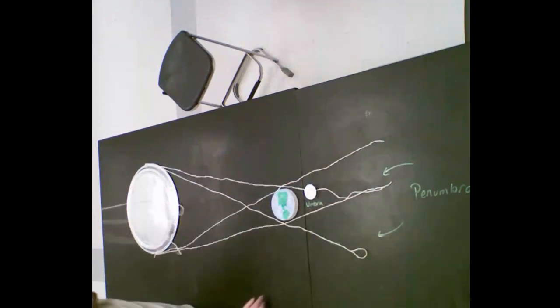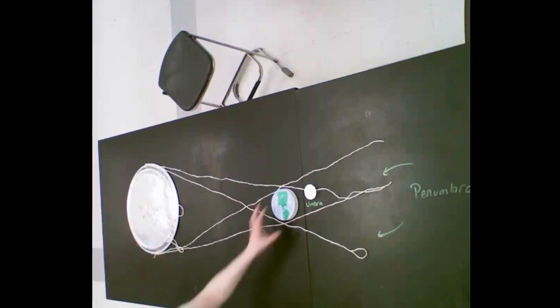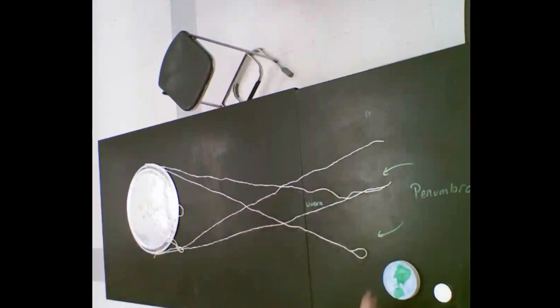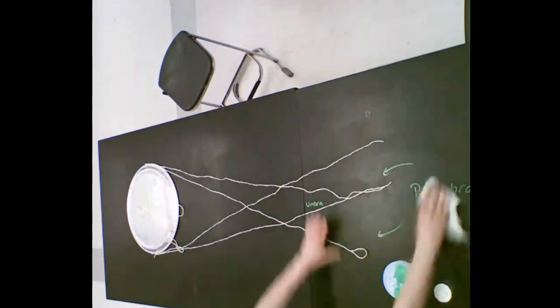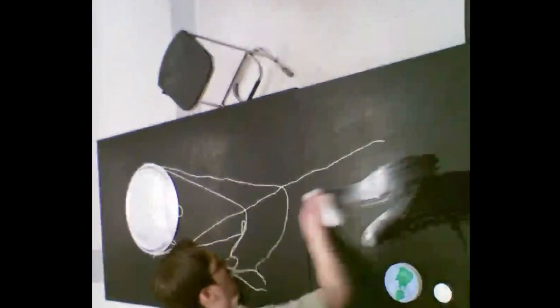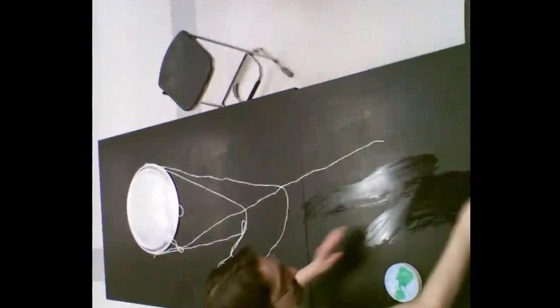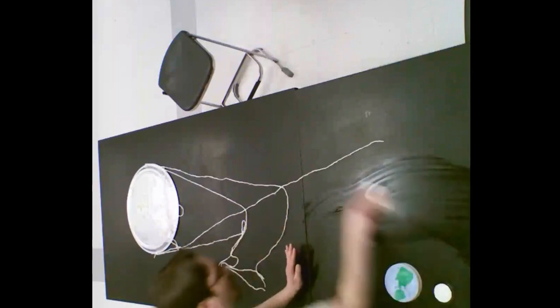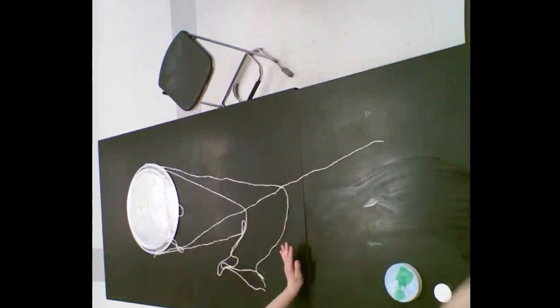So this is the umbra and penumbra of the Earth. But the same thing can happen for the moon. So let's set this up again, but instead of focusing on the Earth, we're going to focus on the moon.